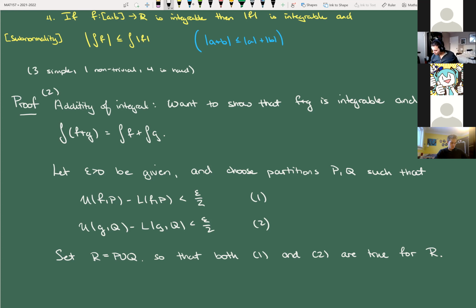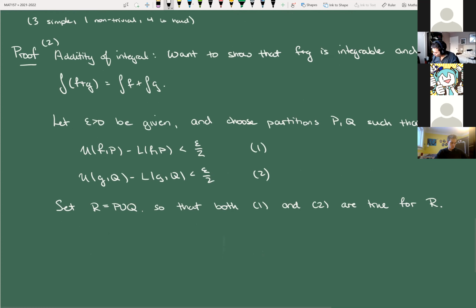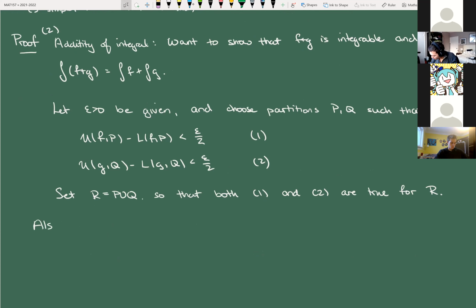All right. So now also note, and here we're very lucky, that the inequalities work out. So if I take the F plus G on our new partition R, I'm going to do all the work for the upper sum, and then I won't do it as much for the lower sum. So this is the sup of F plus G, x in [x_{i-1}, x_i], where the x_i's are for the partition R, times delta x_i.